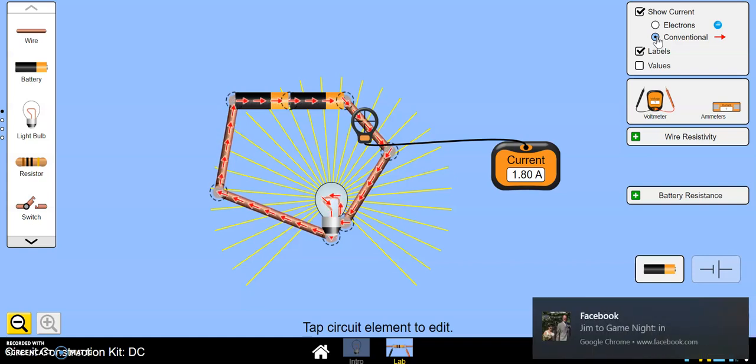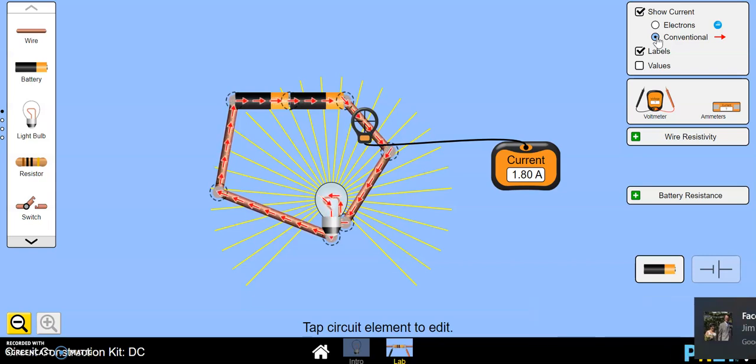They chose it as the way that a positive charge would move. But as we know, positive charges don't move, though they didn't know that at the time. So they just said conventional current, and for some reason, we never changed our mind. If you ever become an electrician and you ask an electrician what way the current goes, they're going to say this way, even though the electrons are actually flowing this way.